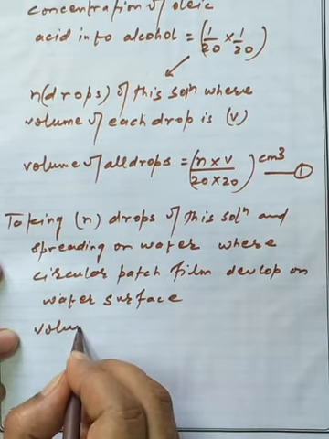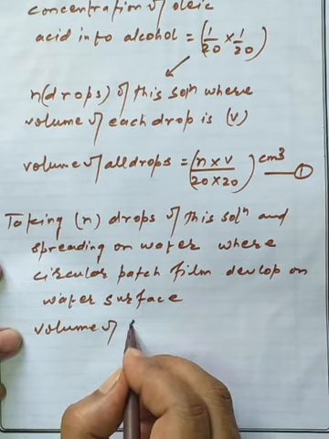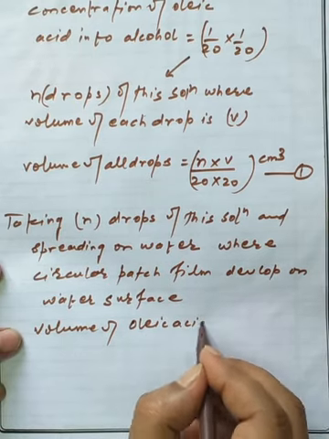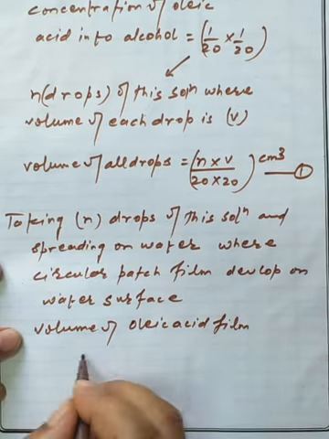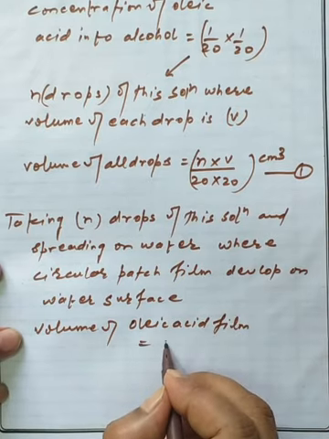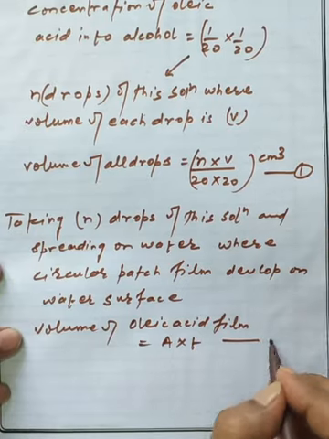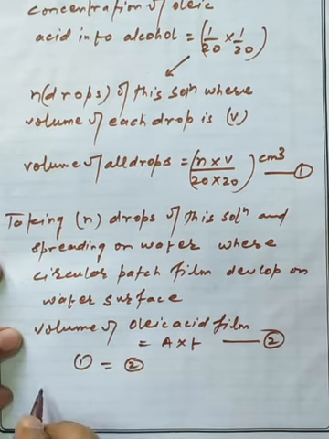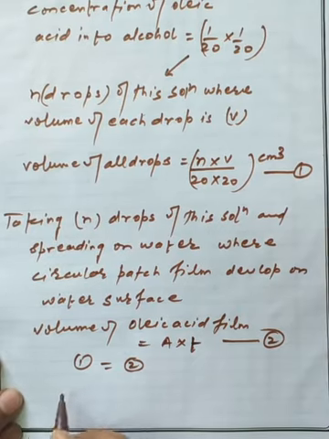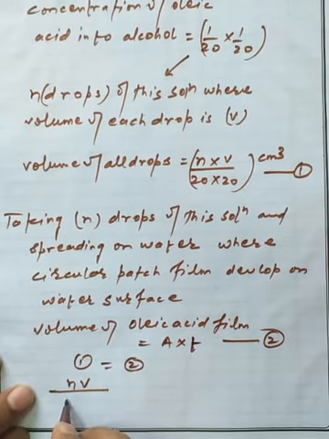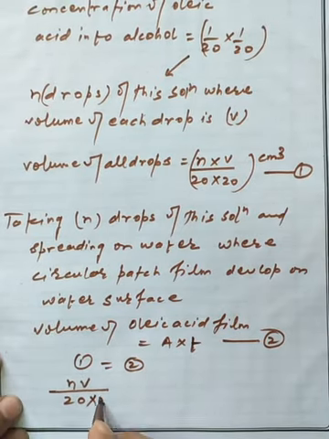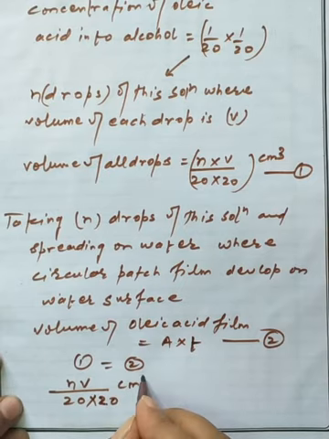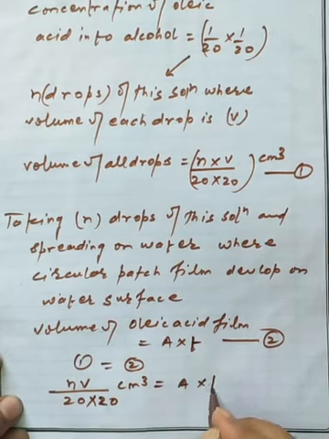So we can easily get the volume of the film. The volume of the oleic acid film is equal to area into thickness. That is equation number 2. Now 1 can be equated to 2, so we can find the thickness of the film, which gives the size of the oleic acid molecule. So NV divided by 20 into 20, in centimeter cube, is equal to area into thickness.